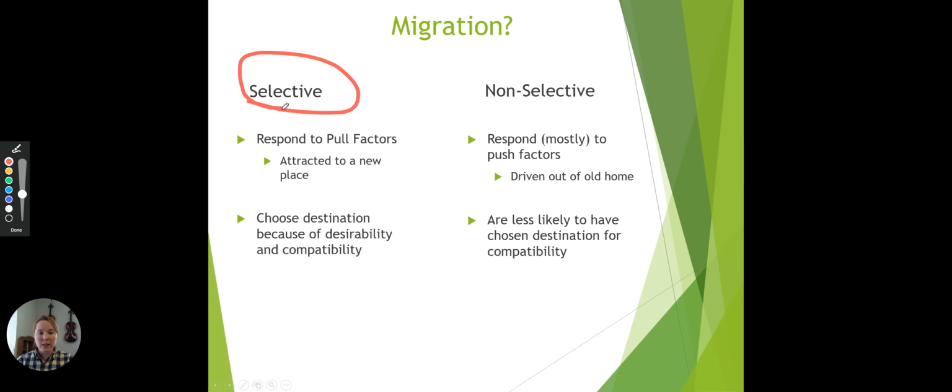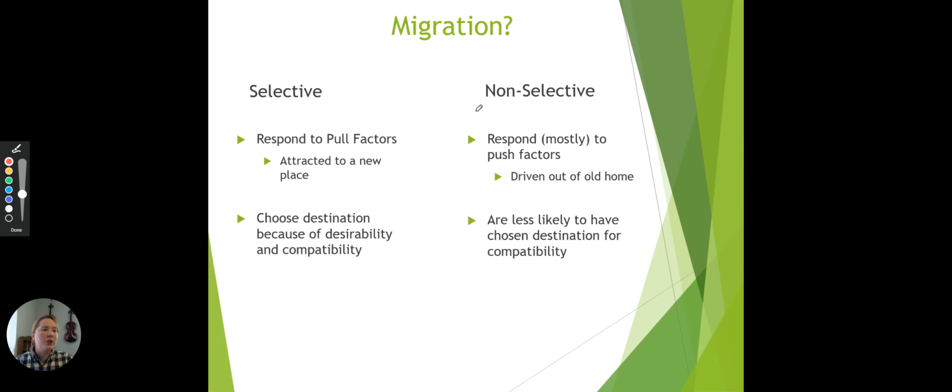Selective migration is optimal because they have people who want to be in Germany, who speak the language, who understand the culture, and who want to become integrated into that society. And importantly, selective migrants tend to have two things that are tremendously advantageous to them. They have a little money in their pockets, and they tend to have a little bit of education or some kind of special skill.